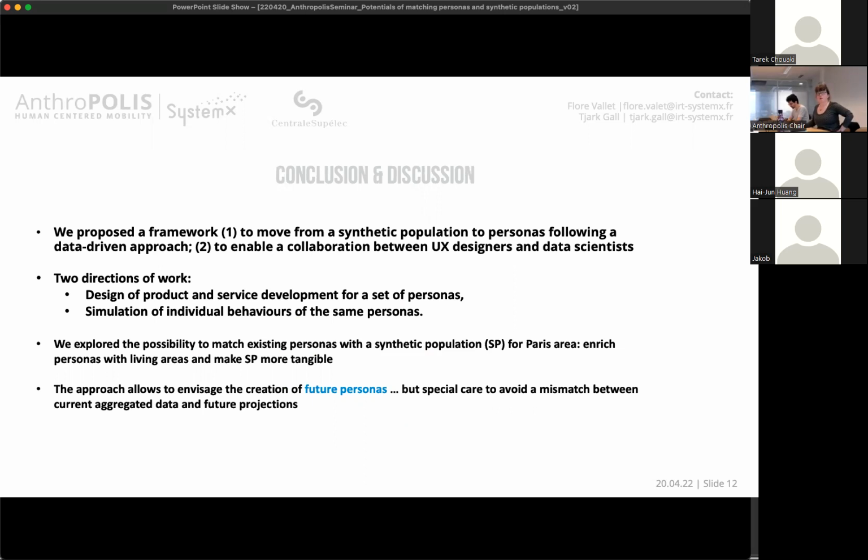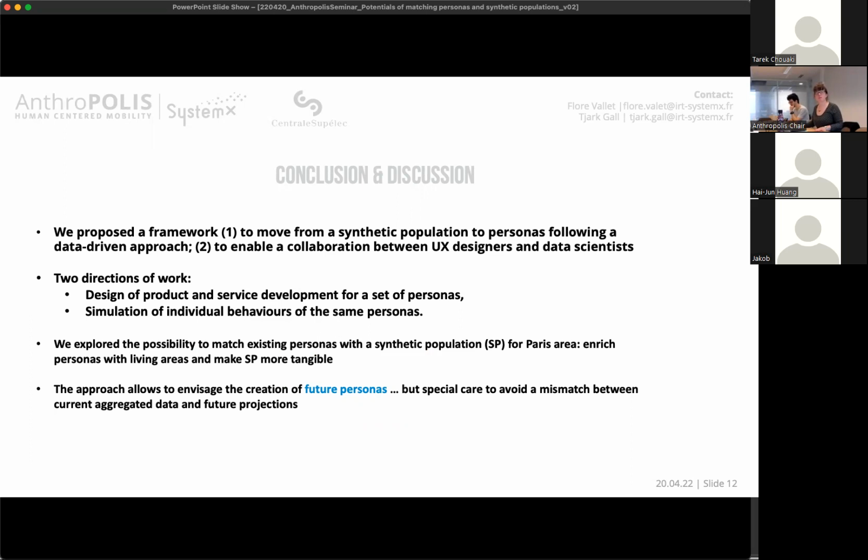And there are, of course, two directions: to be able to design products and services for a certain set of personas, that's the product or design-oriented outcome of this work, and also, in the meantime, to simulate some individual behaviors for the same set of personas and have a look at the behaviors at another scale.